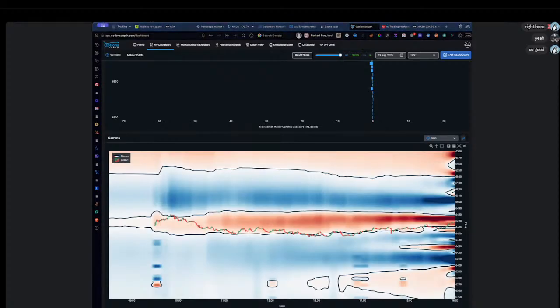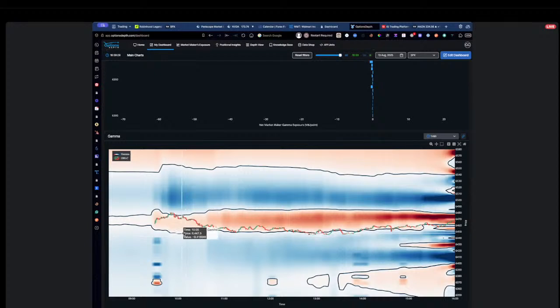Then there's more influence from other hedging processes, in particular. They can be areas where you just don't get as much hedging going on. Kind of like on these flip zones. It'll be around these flip zones where the areas are the lowest, and you often get price reject or stall in these areas. Very, very common.